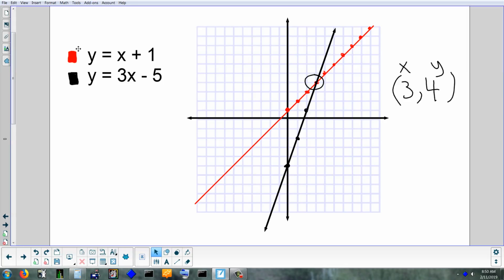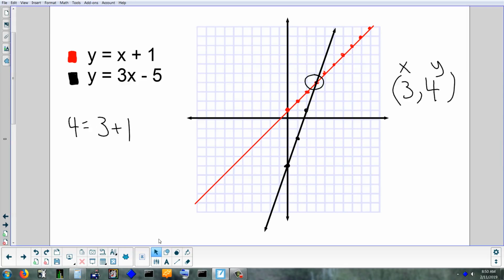So someone tell me, what am I going to write for my first equation, plugging in x and y? What's that going to look like? When I plug in x and y for the first one. Nicole? 4 equals 3 plus 1. Y is 4. X is 3. That's how I got that.